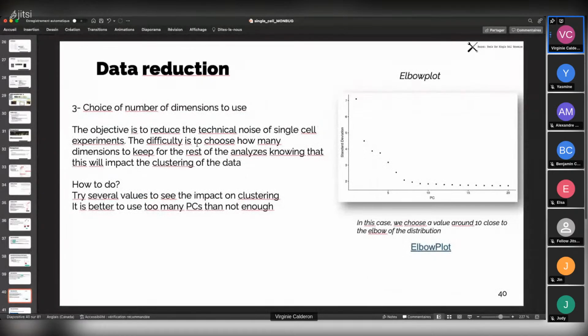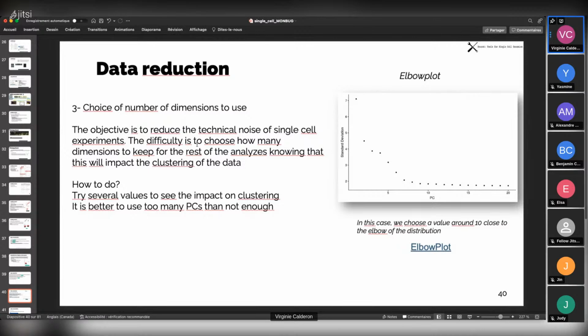After a PCA, we need to choose how to reduce the dataset, which principal components we will keep for the next step. We need to decide how many dimensions we will keep, to reduce the technical noise of single-cell experiments. We want to focus on which dimensions explain more of the variation observed between the cells.